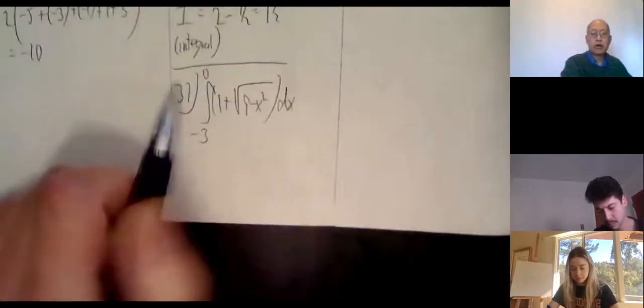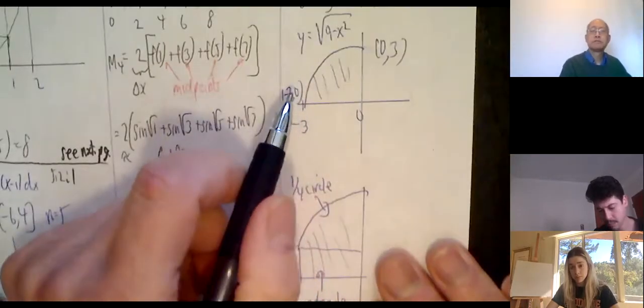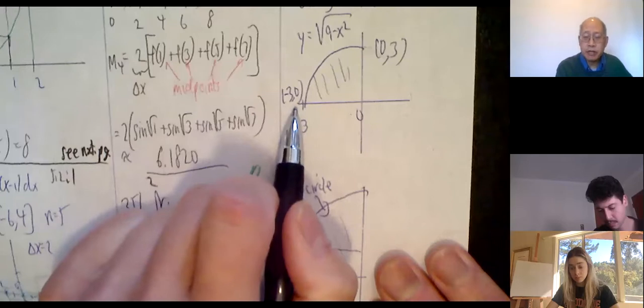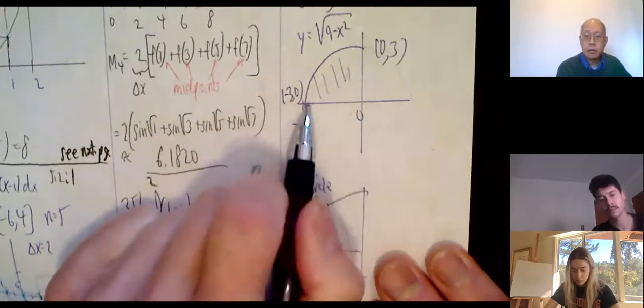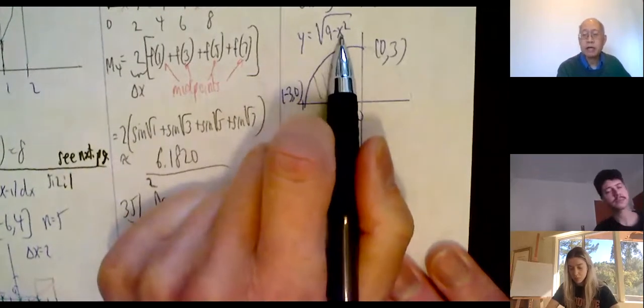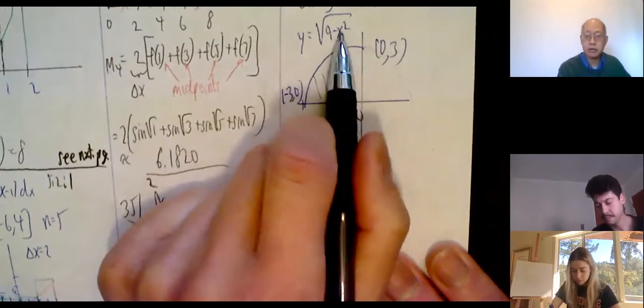Now I will go back and incorporate the +1. That just moves the graph up 1 unit. So this is the point -3, 0, and this is 0, 3. By the way, what happens when you plug in -3? -3 squared is 9. 9 minus 9 is 0. Square root of 0 is 0.